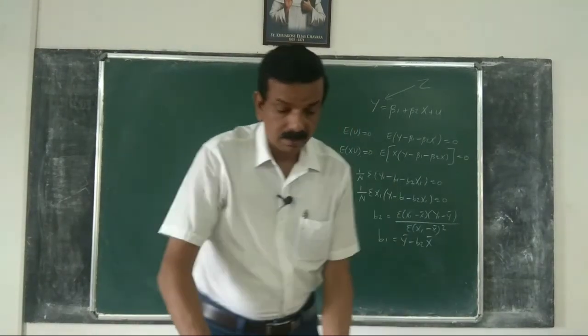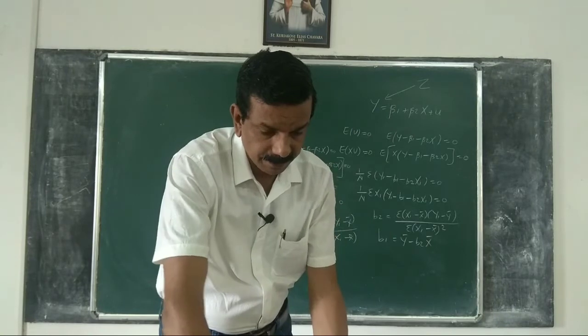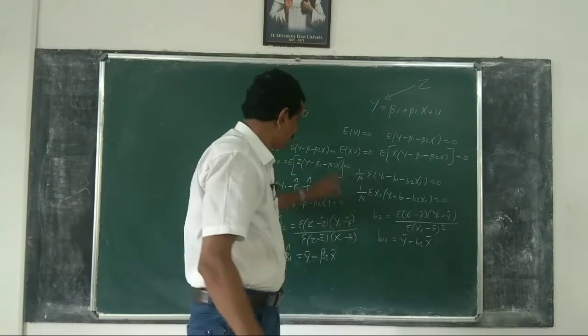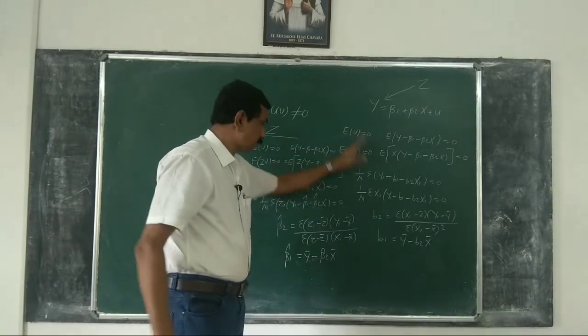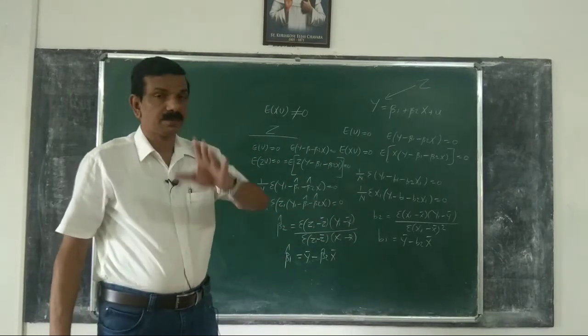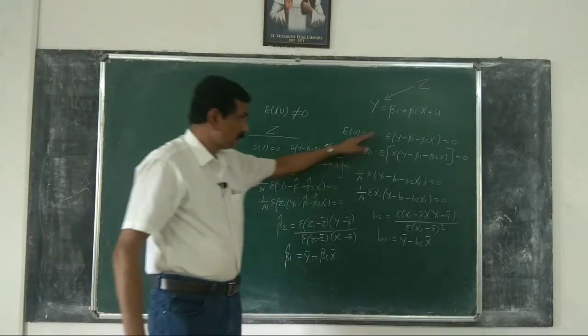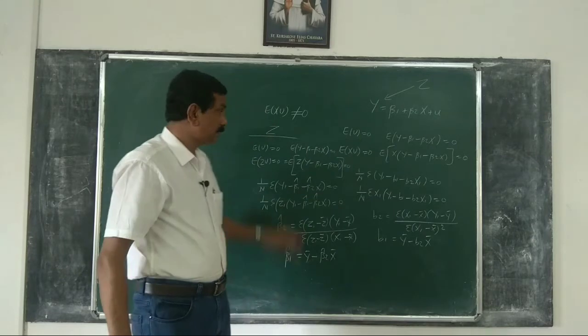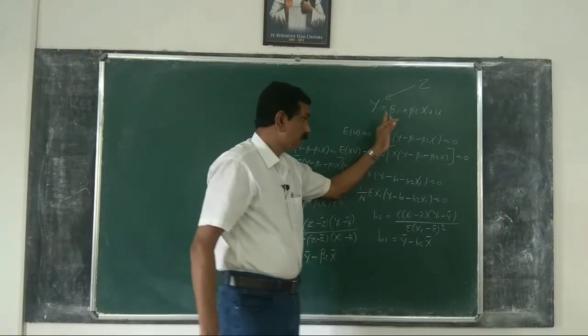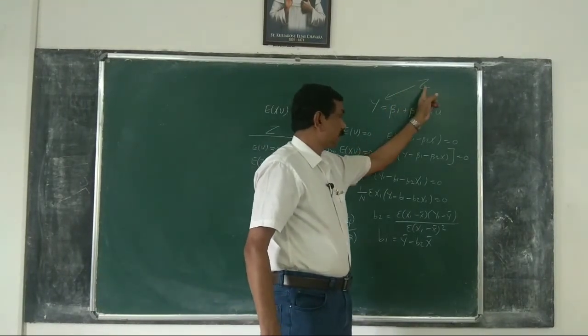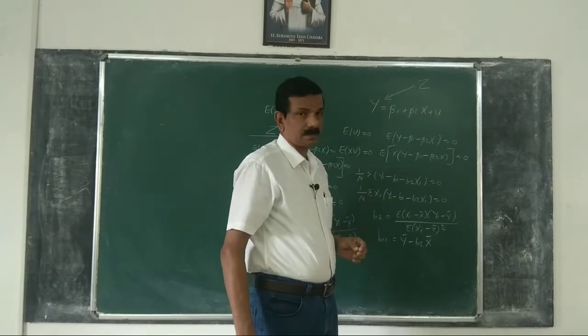So we can specify the estimation problem in terms of the moment conditions. It is more convenient to understand. And Z can act as an instrument if Z does not belong to this equation.